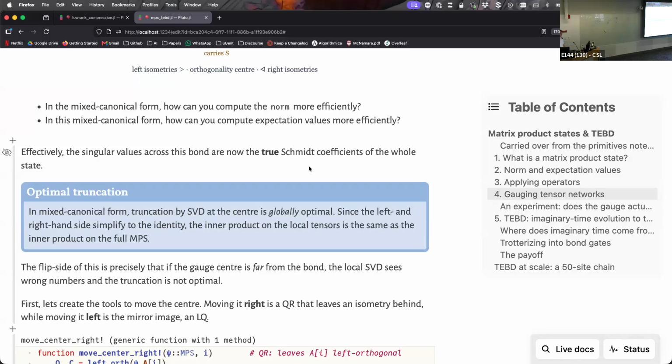A simple way to see this is to think back, not even about applying an operator: the optimal way of truncating a state is by discarding the Schmidt coefficients. And I can only compute the Schmidt coefficients by bringing everything to the left in left orthogonal form and everything to the right in right orthogonal form.